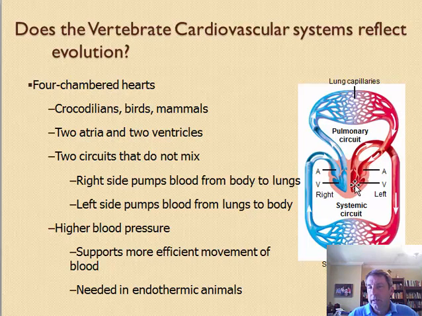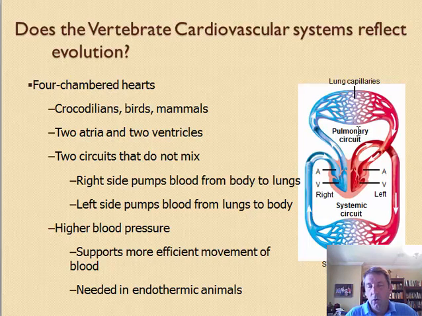From the heart it's pumped to systemic cells in the body where it dumps that oxygen off, and then it comes back to the atrium of the right side, then to the ventricle of the right side, and so forth. So we have a right and left atrium and a right and left ventricle. We call that a four-chambered heart, two circuits.